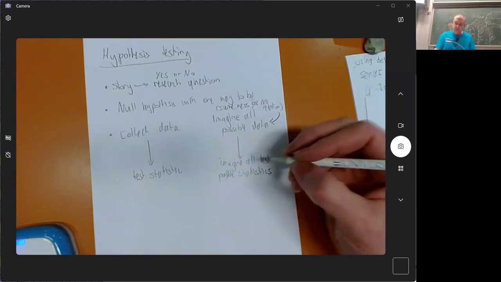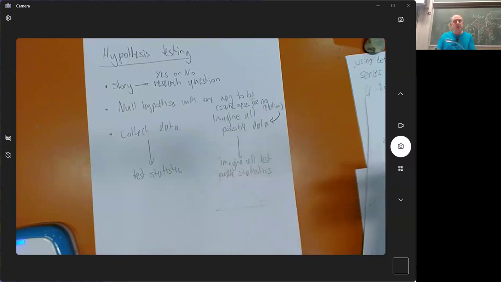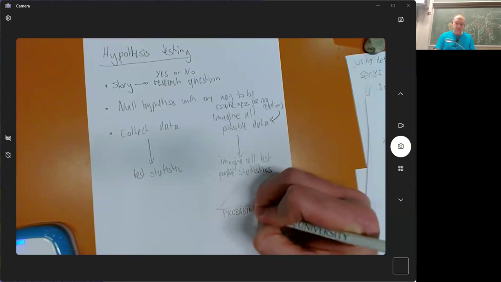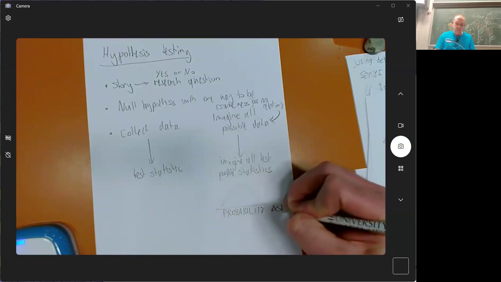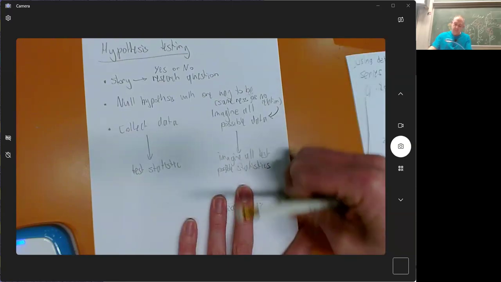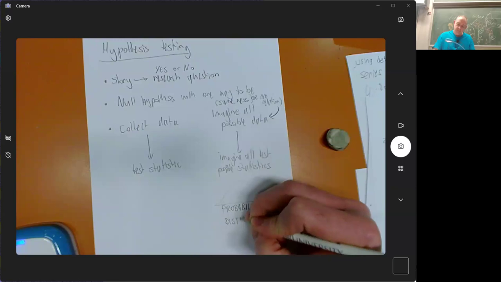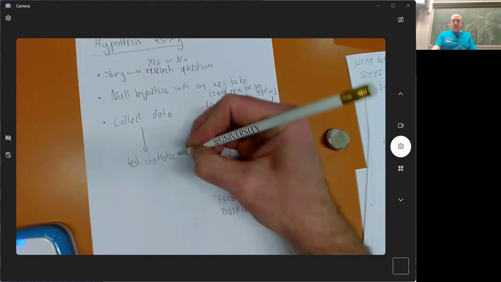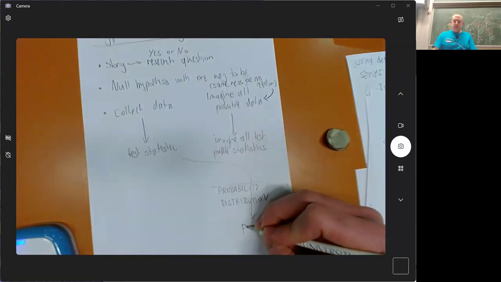And so this may not look like this, but this is a probability distribution. And then you compare your test statistic to that probability distribution and you get a p-value.